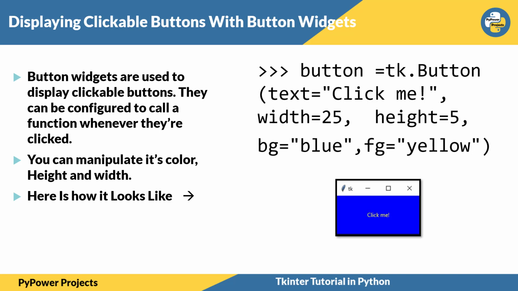You can manipulate its color, its height and width. I've just given a real-world example. There may be more features besides width, height, background and foreground color. It's nothing like this is the only thing available. There are many. It's like a sea. We are just tasting a drop.